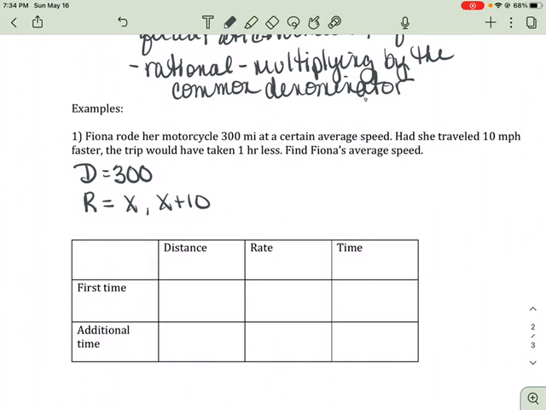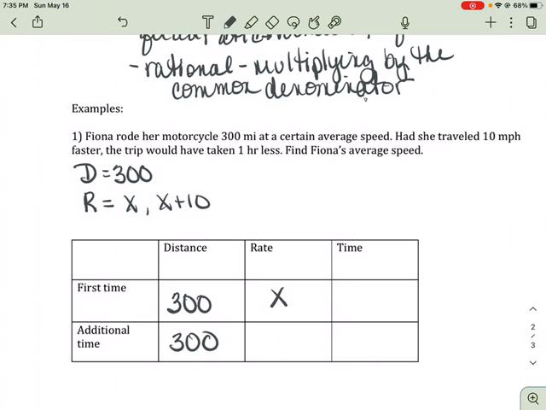Time, how are we going to do that? Our distances are both equal. Let's fill in the chart. Our distance is still 300.